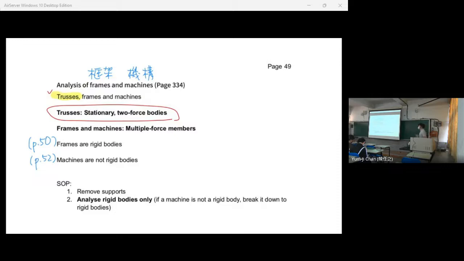Now, for problems, we have different structures, and what we determine is different. In trusses we determine the forces in members, right?